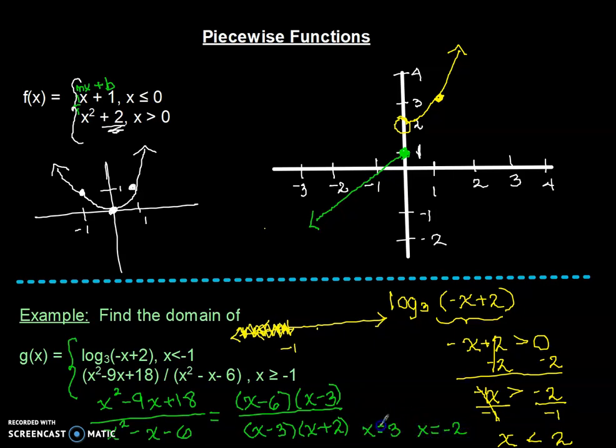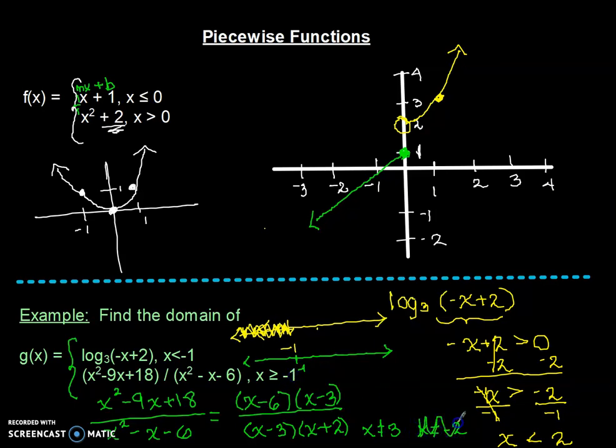These are the two values that I cannot use for the second given function because it would give me a 0 denominator. So I'm going to try to align this with the negative 1 as well. Why am I doing that? Because I can only use numbers that are greater than or equal to negative 1 for x, which means negative 2 does not fall into this category.